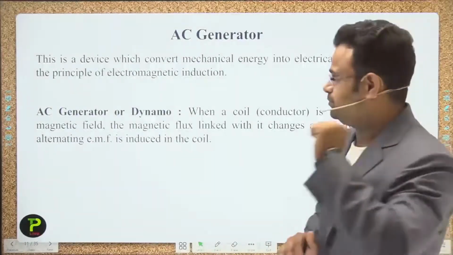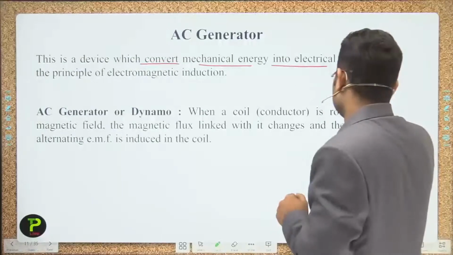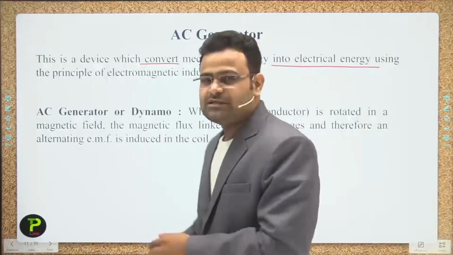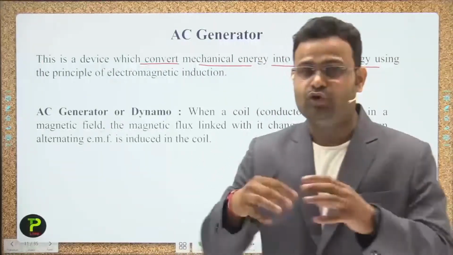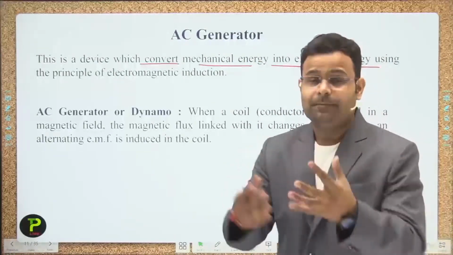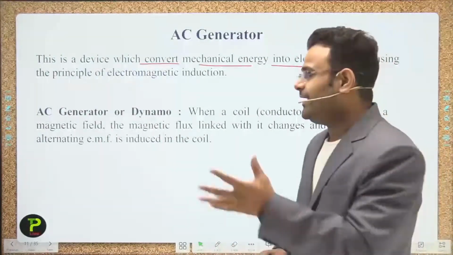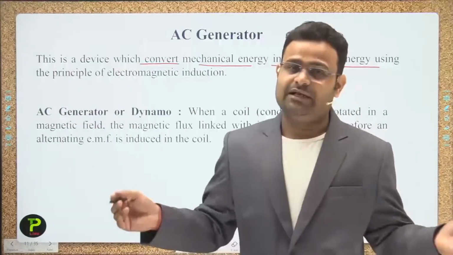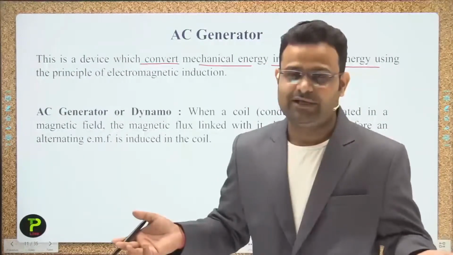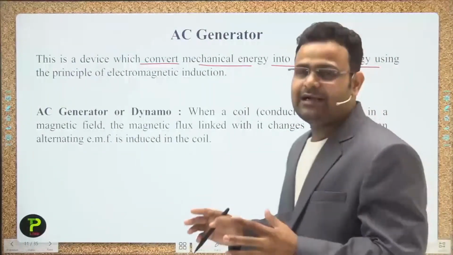Now, this device converts mechanical energy into electrical energy, meaning we provide a mechanical source, just like mechanical power, as the food of that generator. It converts that mechanical energy into electricity, used by a light, AC, all are electrical instruments. So that is the basic thing behind the AC generator.